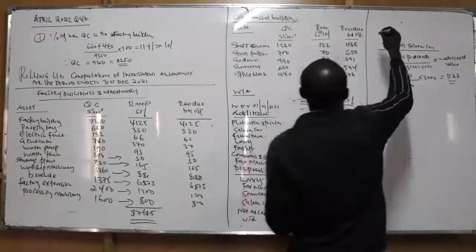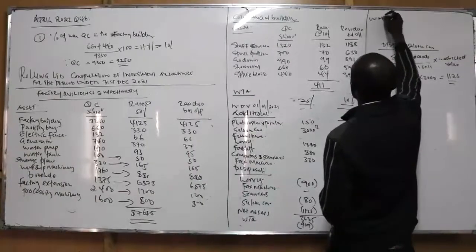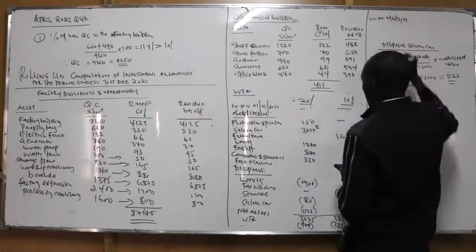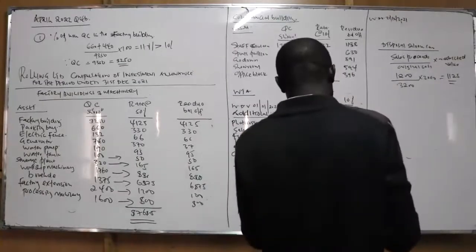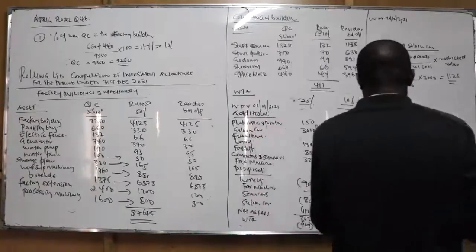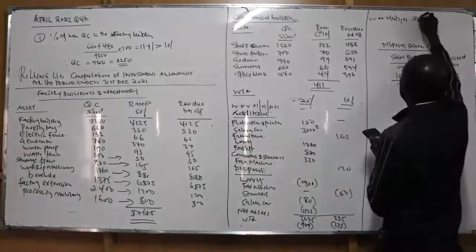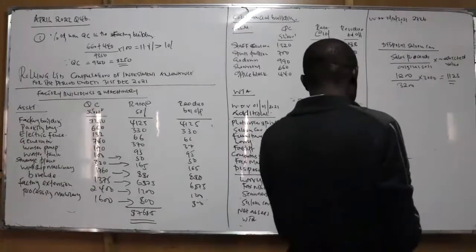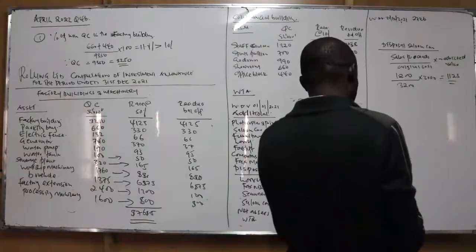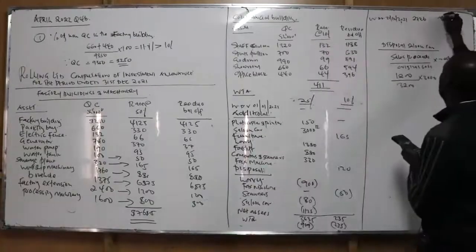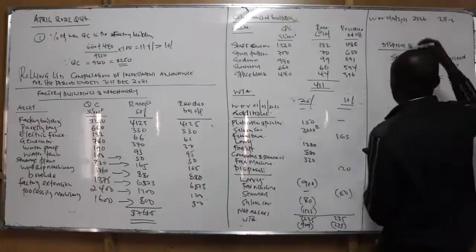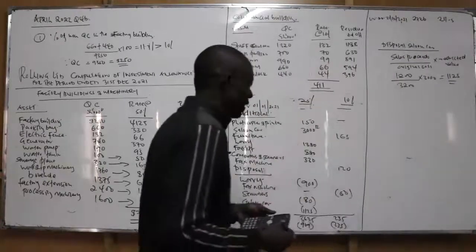So the written down value at 31st December 2021 under the 25% will be 3635 minus 909, which is 2726. Then 235 minus 23.5 is 211.5. This is the value that you begin with in the next year.